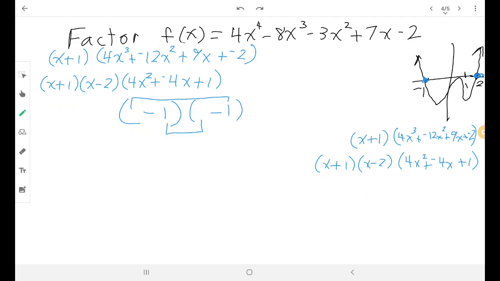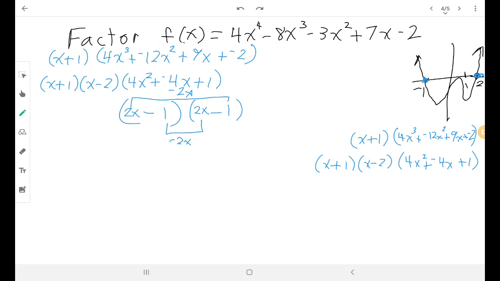So I think if I do 2x and 2x, that happens, right? Negative 2x and another negative 2x does indeed make negative 4x. So it factors. That's really nice.